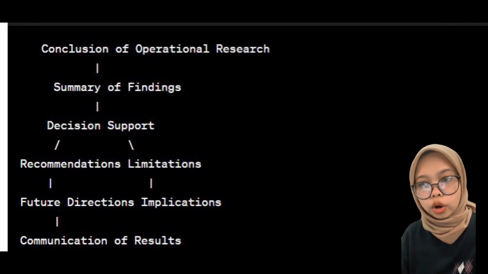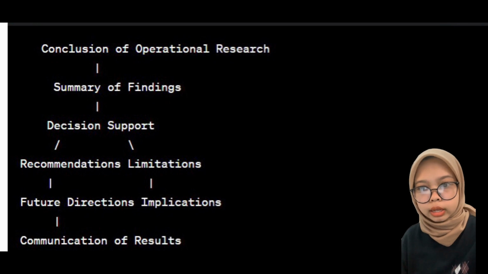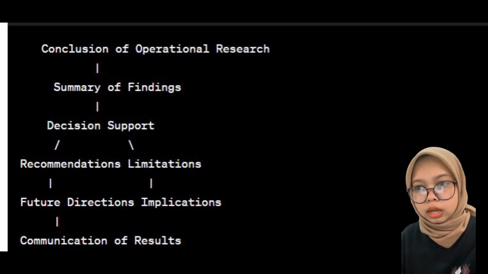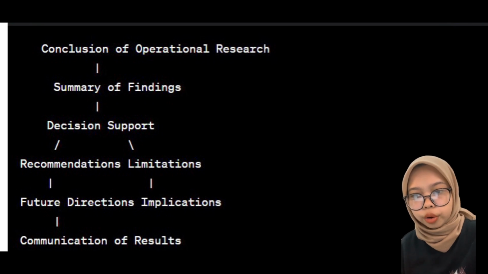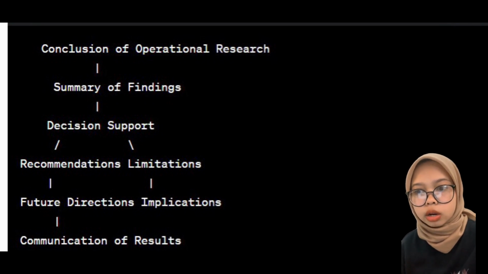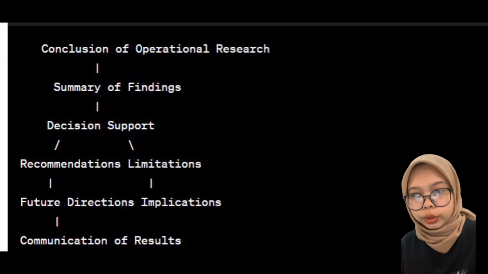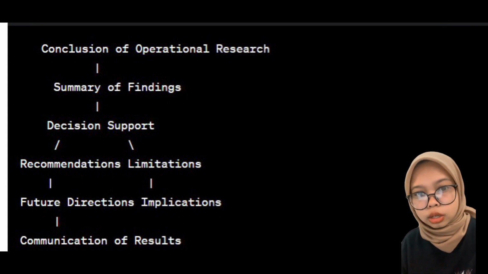Finally, communication of results addresses how the findings will be shared and implemented. This visual representation provides a concise overview of the key aspects involved in concluding an operational research study.